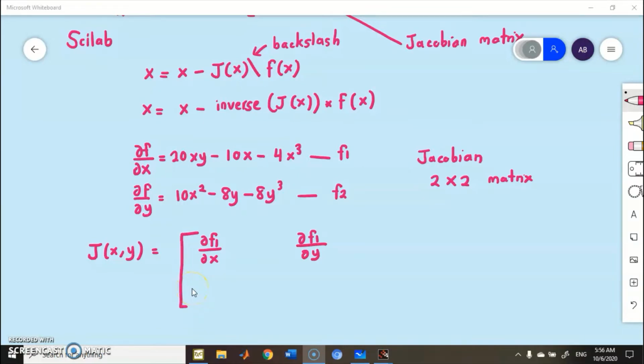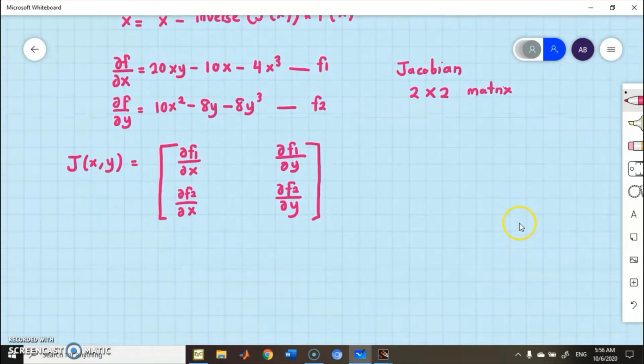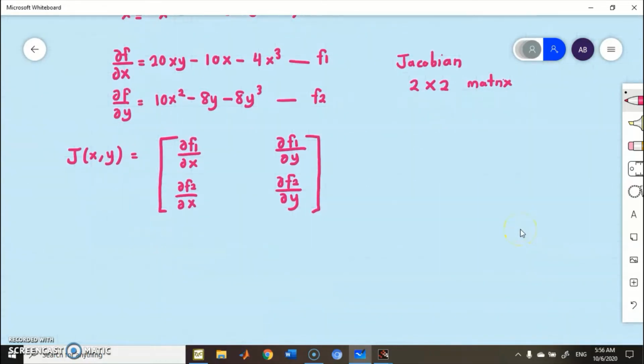Then the second row: the function f2 with respect to x, and f2 with respect to y. This is also known as the Hessian matrix.